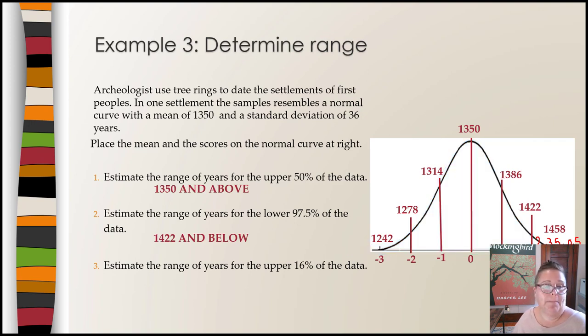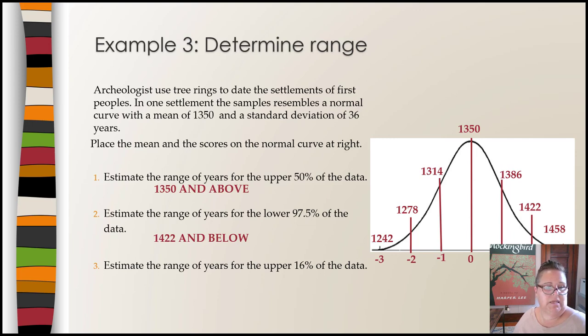The range of the upper 16% of the data. The upper 16%, oh, we knew this was 2.5 and this is 13.5. Whoops, this guy is 2.5 here. This one and this one together.